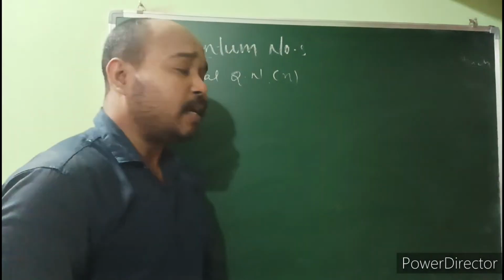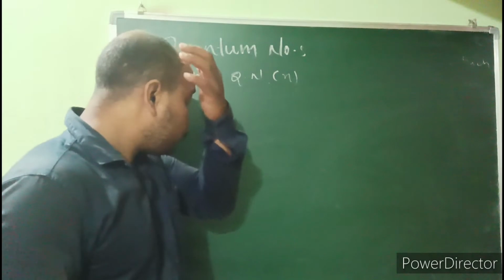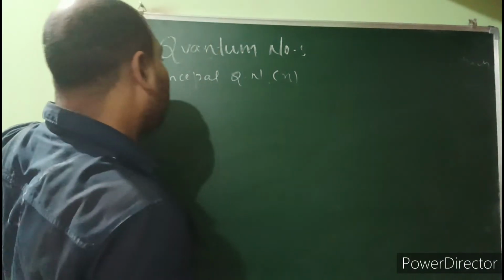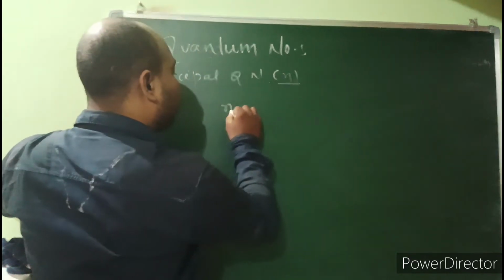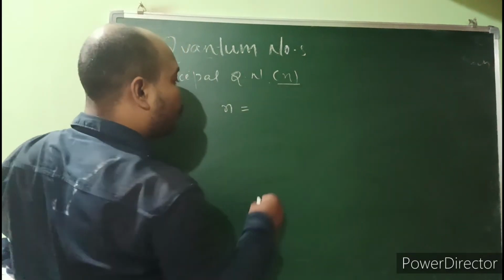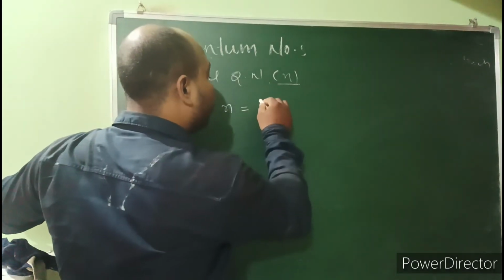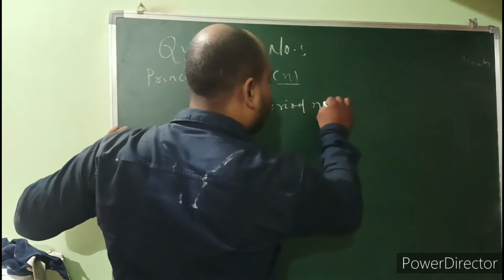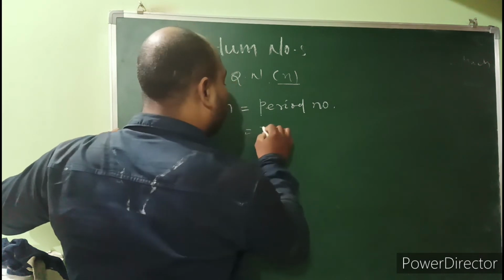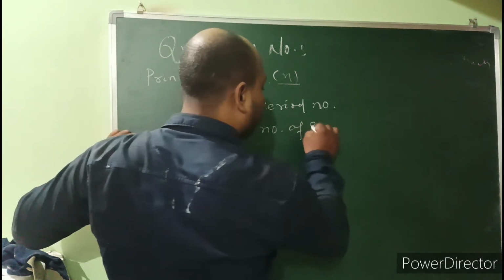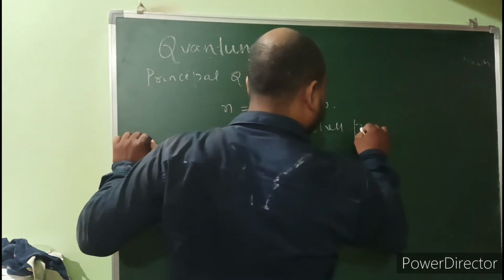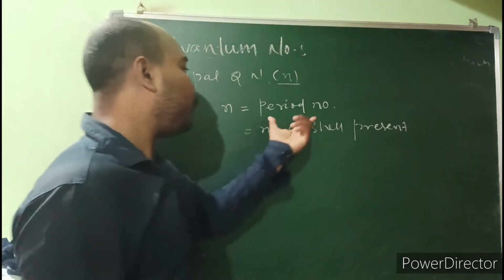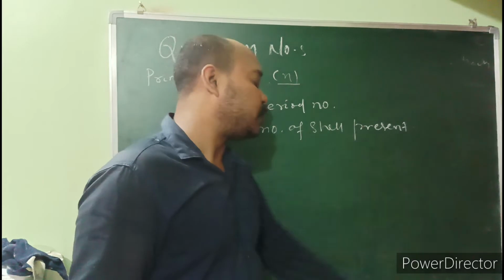As I told you, the principal quantum number helps us to determine the size and energy of the shell. We can say that n, the principal quantum number, also helps us to define the period number or the number of shells present.